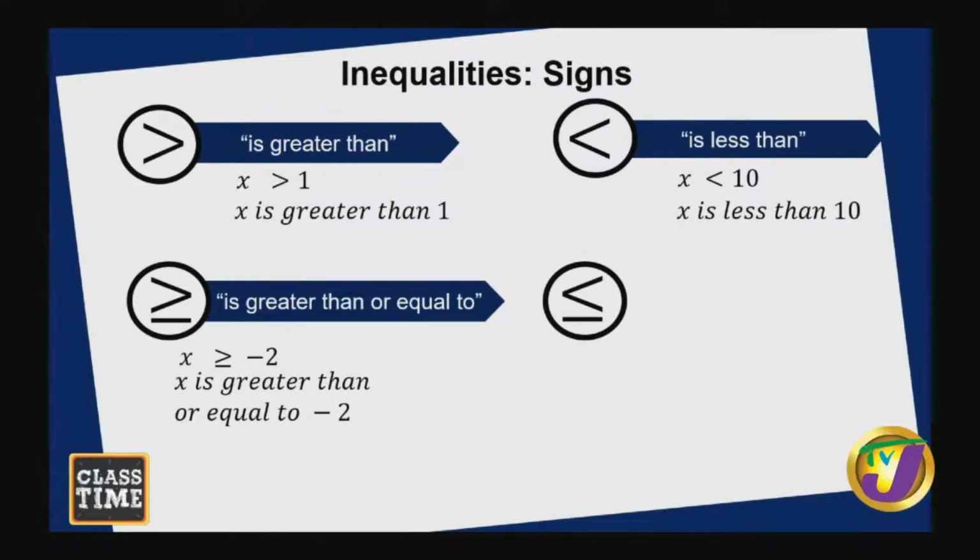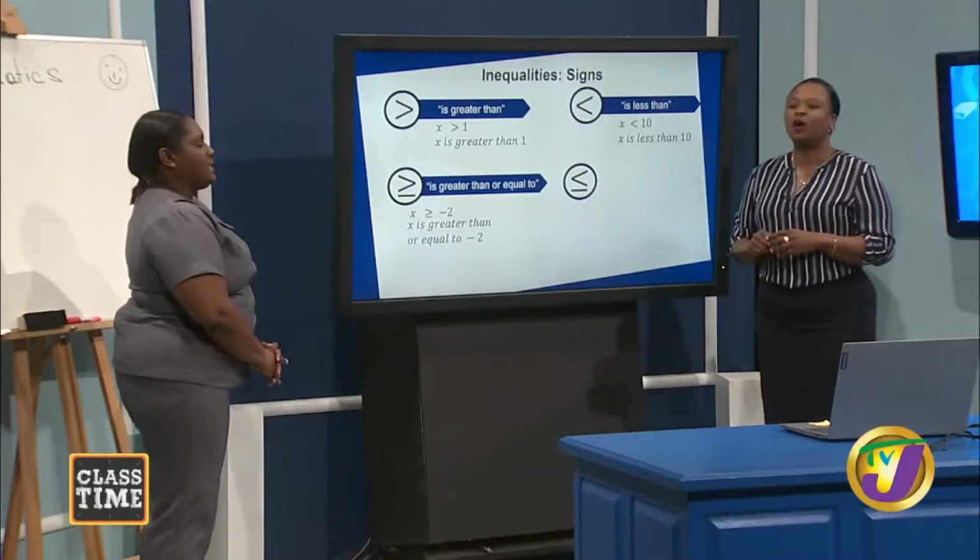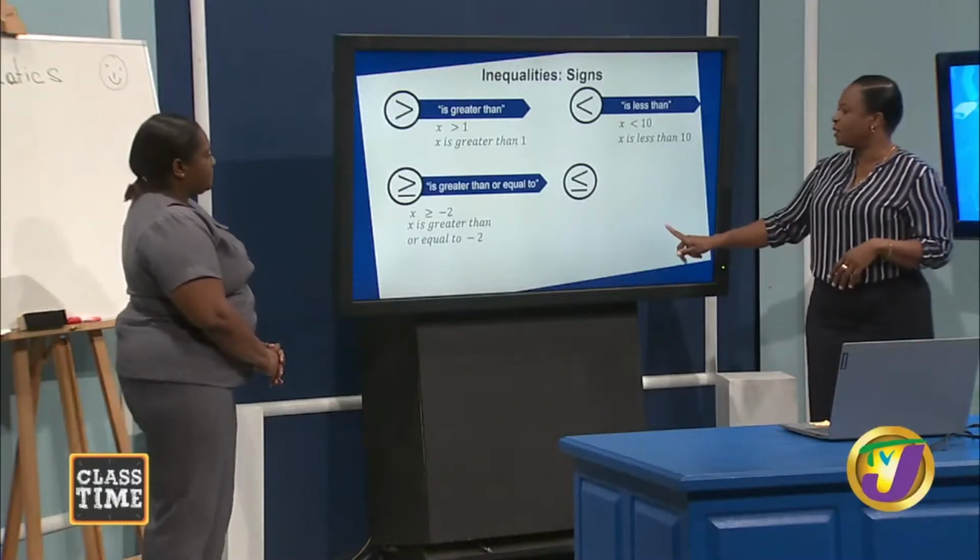The example states that x is greater than or equal to -2, and it is read from left to right. And what I'm understanding is that in whatever solution set there is, -2 is a part of the solution set. Right, for this example it is.